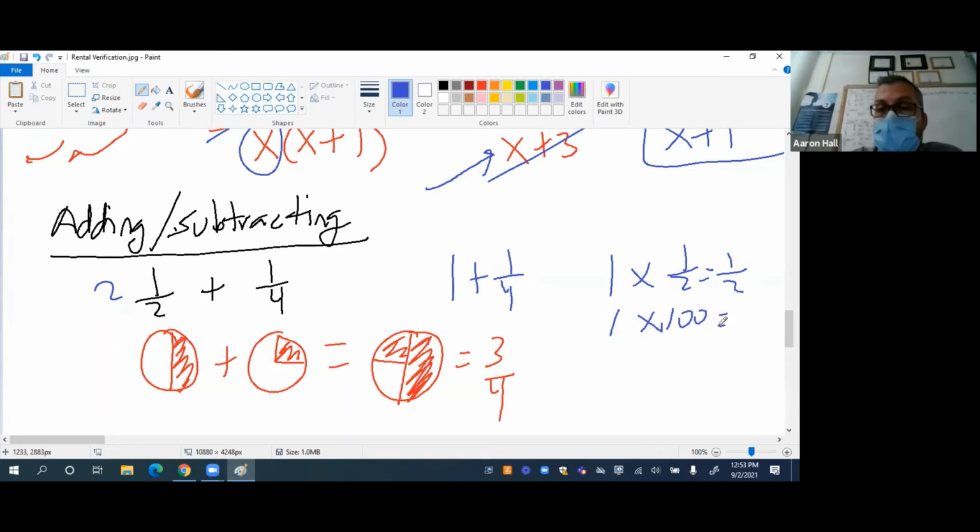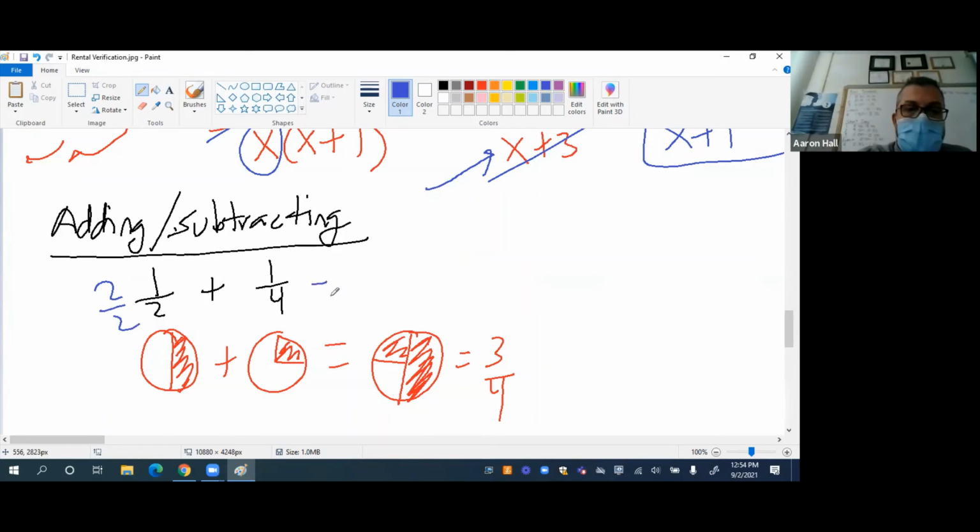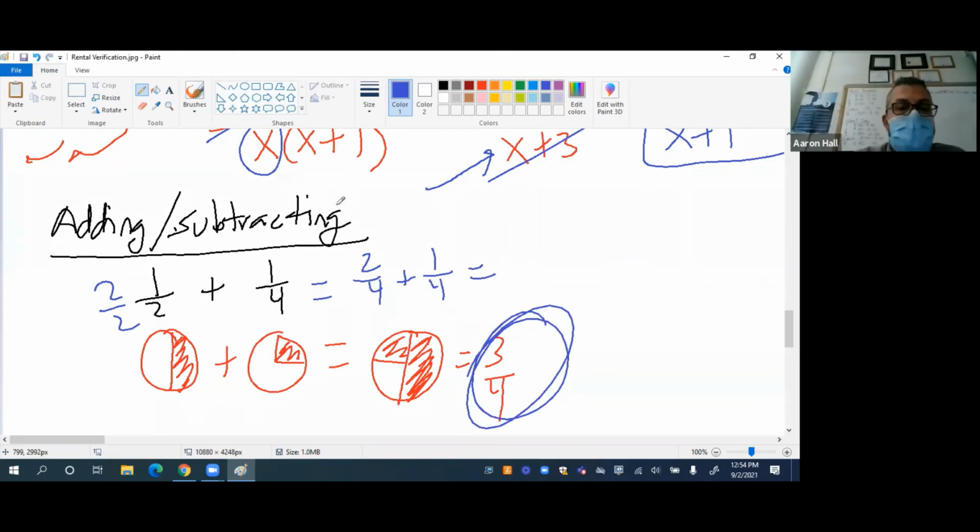So I'm going to multiply by 1 in the form of 2/2. That gives me 2/4. Now we have a common denominator. When we add, do we get the same answer? Yep. So we get this 3/4.